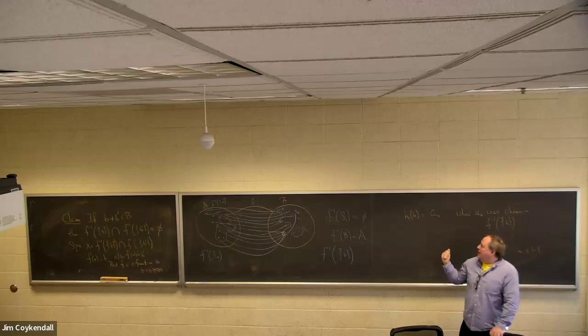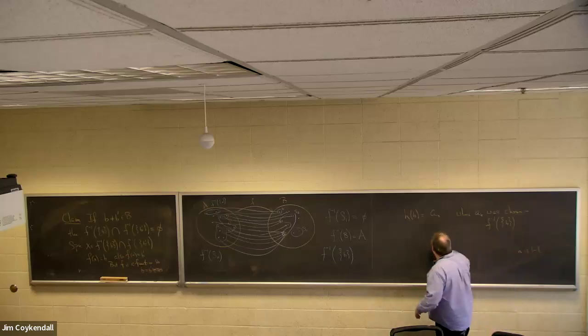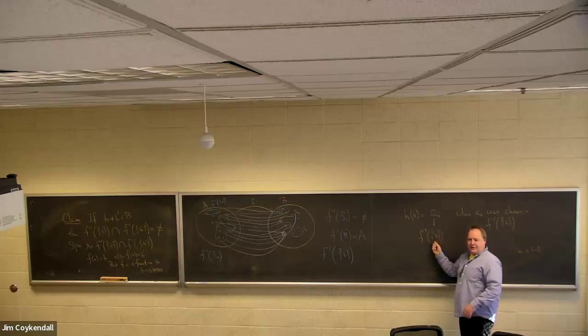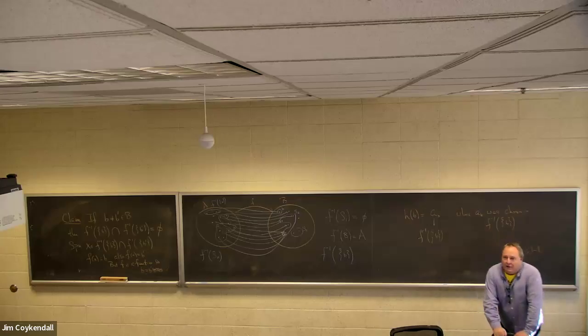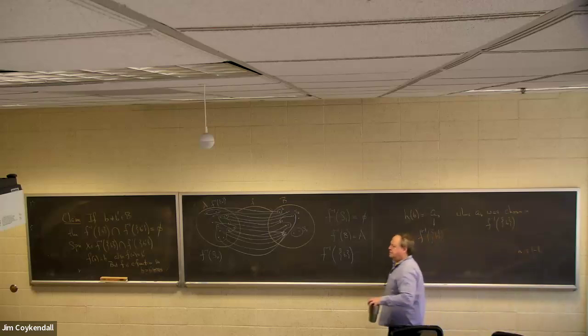If B is infinite, then you're choosing out of every F inverse of B. If this list is an infinite list, then you're going to have to use choice. Right? Everybody okay with that? And did I get you, Alice? Okay.